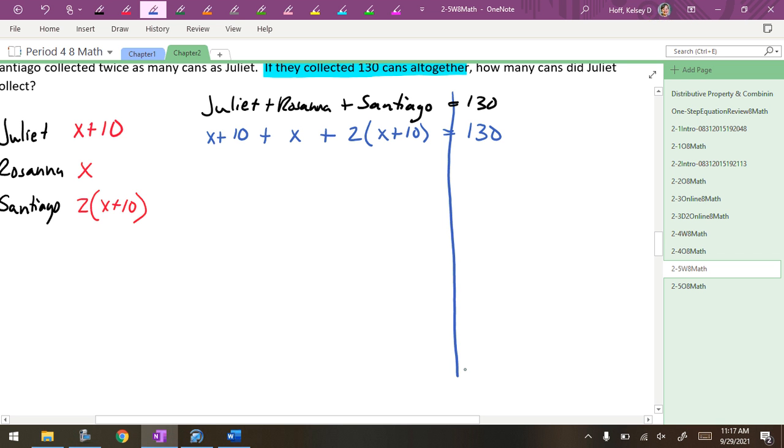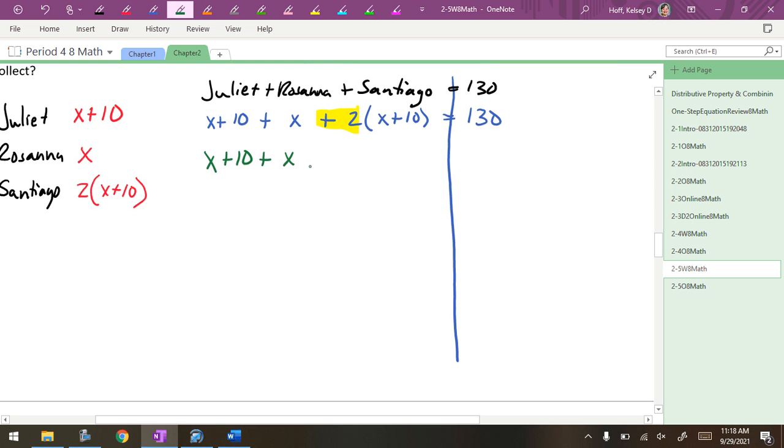Good work so far. What do you think my first step is now? Not add like terms yet. We got to get rid of those parentheses first. What number am I going to distribute? A 2. So drag everything else down. X plus 10 plus X, and then I'm going to take 2 times X and 2 times 10 equals 130.